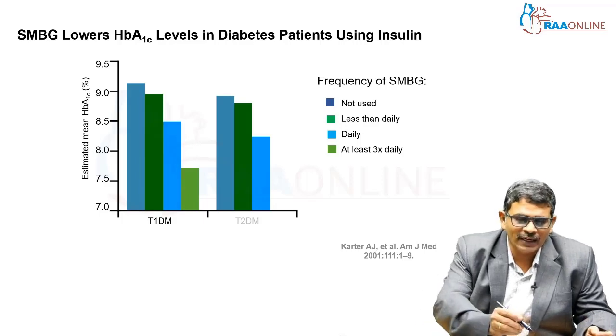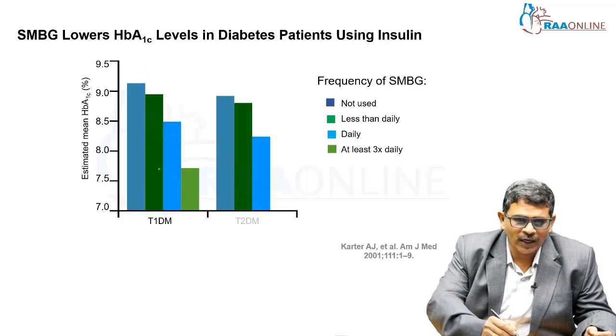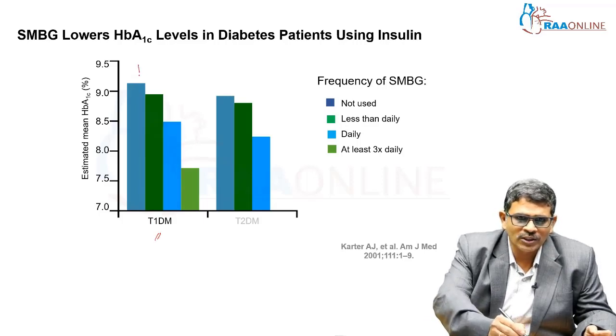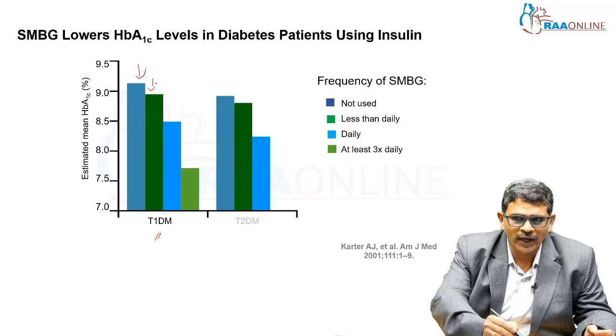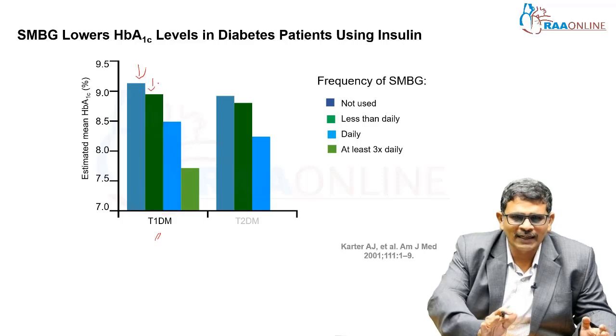The next column shows people using it less than daily, occasionally. And this chart shows the HbA1c of people who test daily and at least 3 times daily.